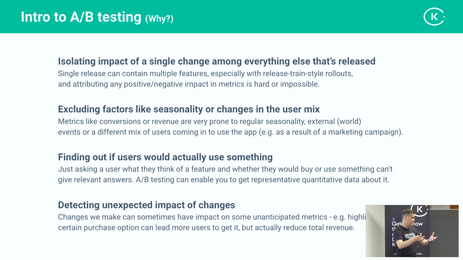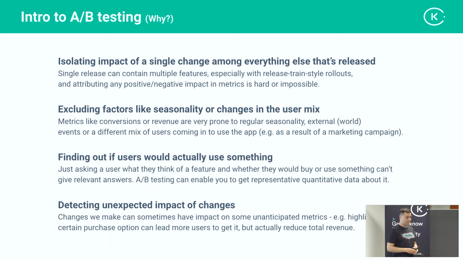If we roll out something, we cannot confidently say, okay, our conversion rate is higher because of this change that we introduced, while booking is doing something, MMB is doing something, core is maybe doing some overall improvements, and so on. It also helps you exclude factors that are seasonality driven, driven by changes in the user mix, driven by world events that I've already mentioned, and so on.